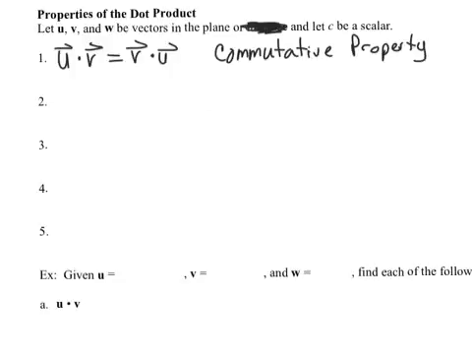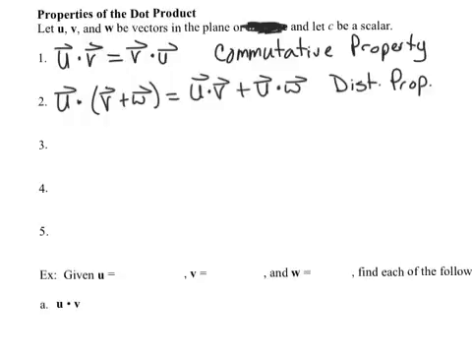So the dot product is commutative. The second property is the fact that the dot product is distributive. So u dot the quantity v plus w is the same as u dot v plus u dot w. So you can distribute the dot product just like you could distribute a coefficient in front of a binomial.